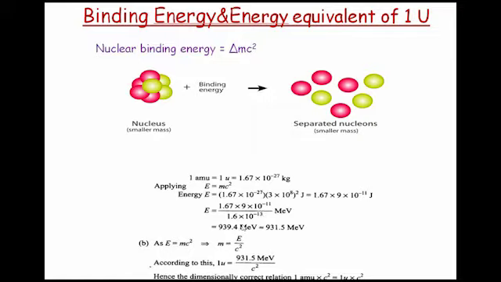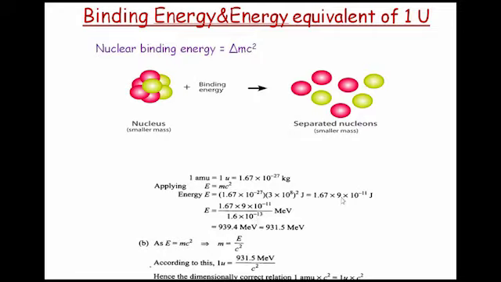we divide this by 1.6 into 10 raised to minus 13. Why this 10 raised to minus 13? The charge of the electron is 1.6 into 10 raised to minus 19. Then you will get energy in electron volt. In order to convert electron volt into MeV, MeV is 10 raised to 6, so 10 raised to 6 into 10 raised to minus 19, you will get 10 raised to minus 13.